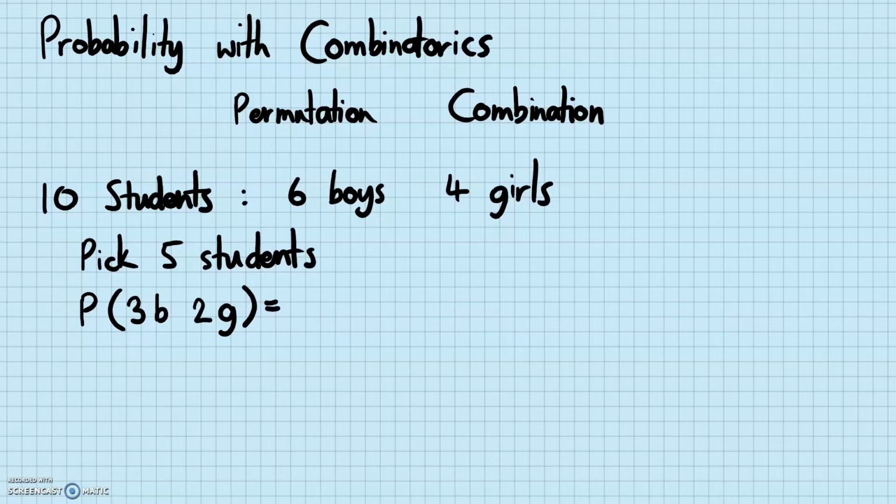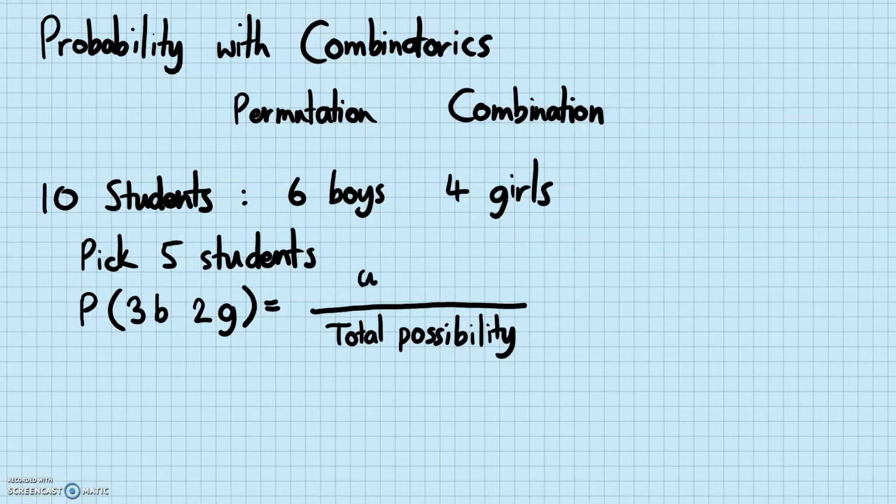Before we dive into this problem, let's outline what we need to do to find this probability. To find the probability of anything, we need to have the total possible events, and we want the one event, the wanted event.